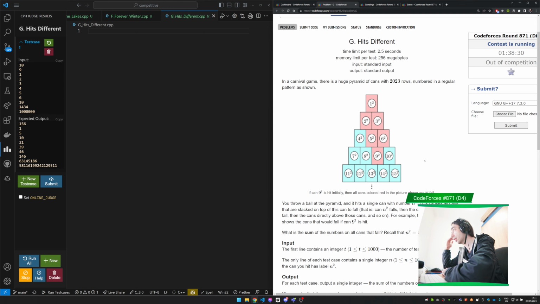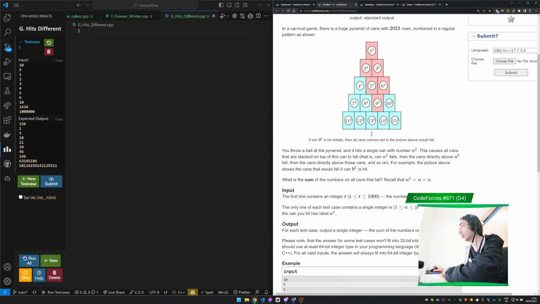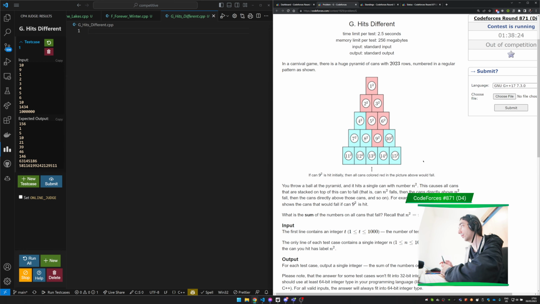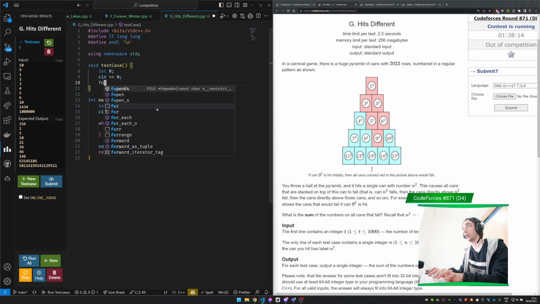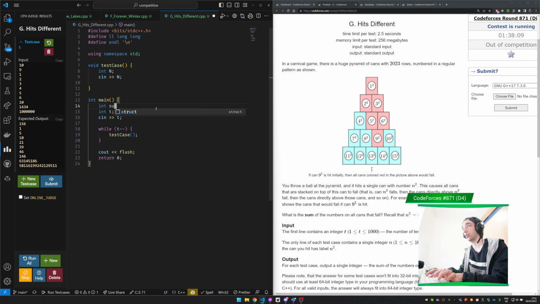I'm interested in how many levels there are for n up to 10 to the 6.